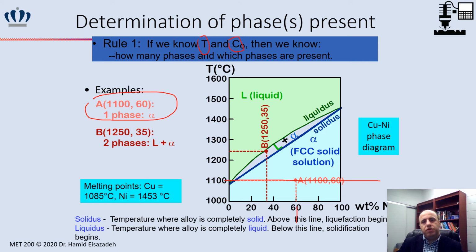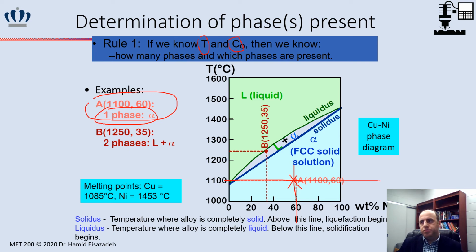So we plot a vertical line, and as you see, these two lines cross at this point. So that is the point of interest. At that point, it's in this area, and this area is the solid area. So we have only one phase, right? This is one phase.